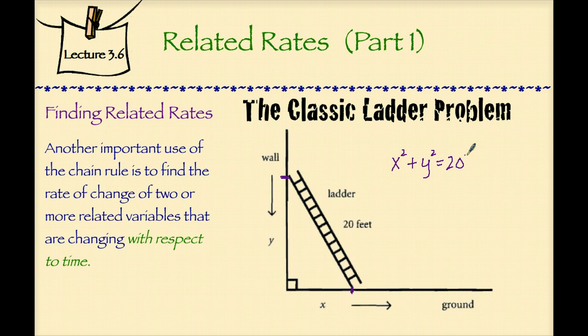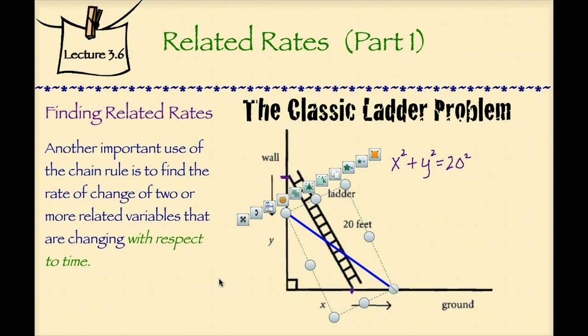Now, the ladder doesn't remain still. It begins to move down the wall, and as it does, the y distance begins to decrease, the x distance begins to increase. As it does, the triangle begins to reconfigure itself based on the movement of the ladder. Let's look at a couple of other configurations of this triangle. This blue line is the same length as the ladder, but you can see that the triangle is very different.